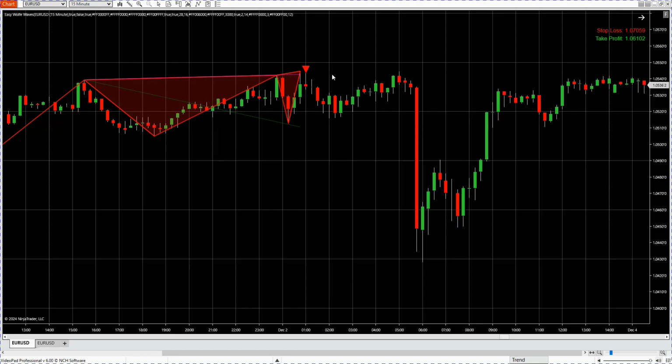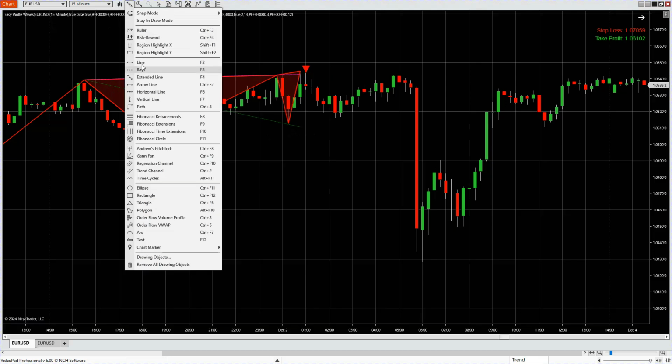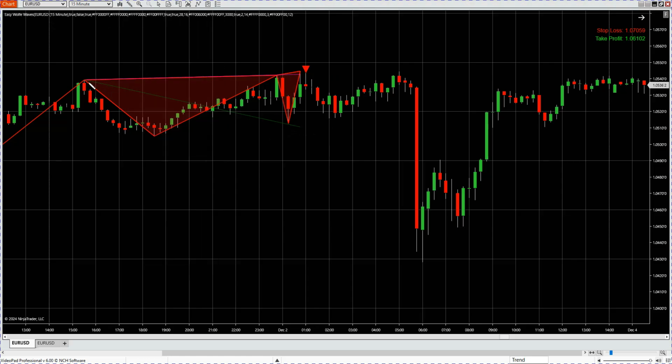If we look at the lines, the angles here, I'm going to take a line and start it from the point where the pattern originates, and we'll go out to about here. You can see there I'm going to follow that and extend it out.